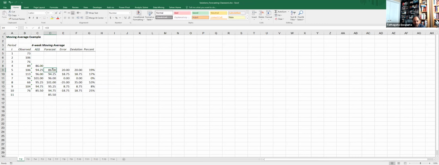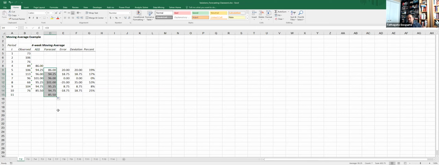And then drag it down, but this time go one more step to step 11, and you get this result. So essentially what you're doing is you're shifting the same data after averaging it by one step further, and you're claiming, and this has a mathematical logic to it, that period 11 forecasted number is 85.50 based on a 4-week moving average.